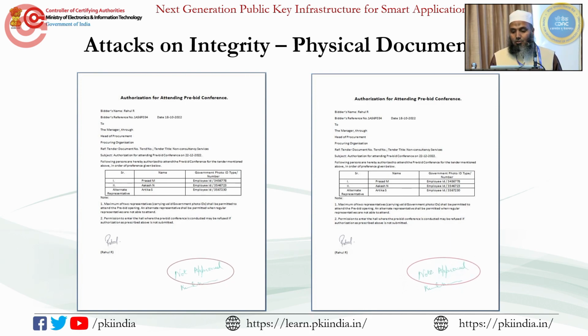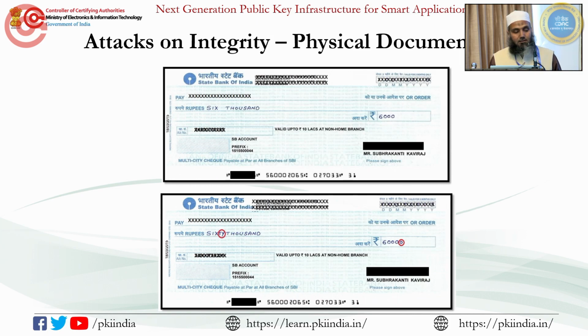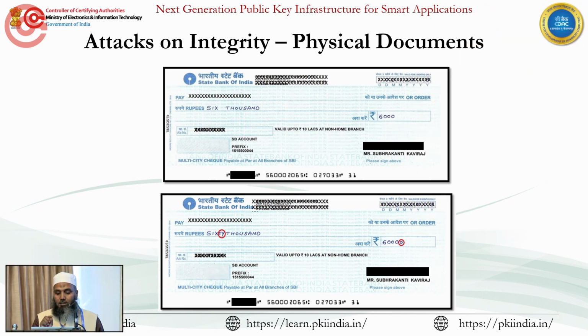There is another example here of a cheque being signed, and this cheque is for 6,000 rupees. Since a little bit of space is there, the signature is not tampered with, and there is a gap between 6 and 1000. The person has added a 0 without rewriting the cheque content, and within that space, he very neatly wrote "TY," so the cheque has become 60,000.